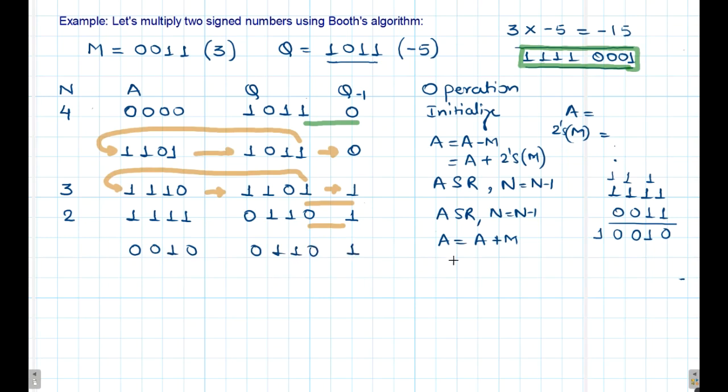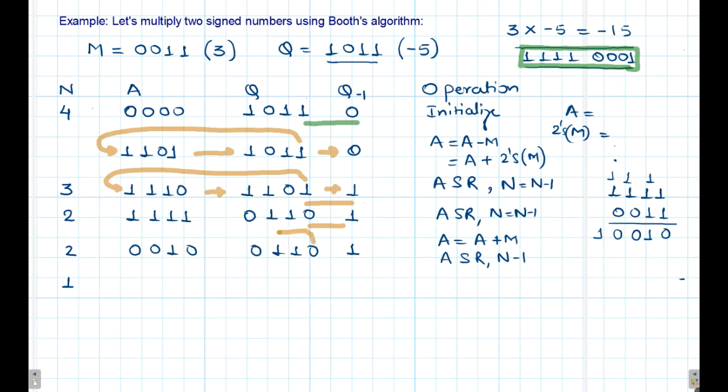Okay. Now in this equation, one operation will remain, that is ASR and n minus 1. So it means that this will result in n being 1, and we have to perform arithmetic shift right.